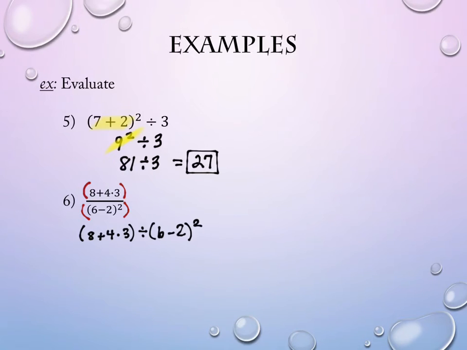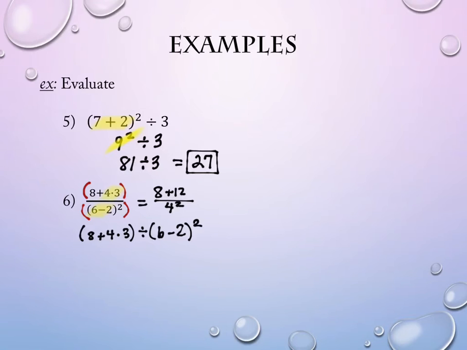So when I'm looking at this, what am I actually going to do first in the numerator? The multiplication. So my numerator now has 8 plus 12. What am I going to do first in the denominator? Parentheses. The inside of the parentheses. And the inside of this parentheses is the 6 minus 2, which gives me a 4.